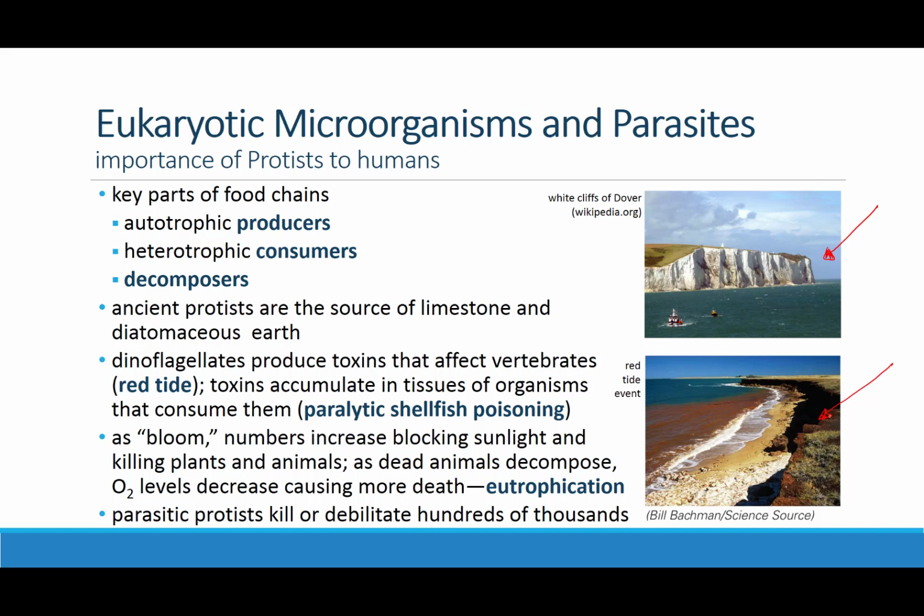And as those dead animals and plants decompose, then oxygen levels decrease, and that causes even more death. And so we see this sort of non-virtuous cycle of what's referred to as eutrophication, where a lot of nutrients build up in the environment, and it becomes this choked, toxic stew of nastiness, and everything dies.